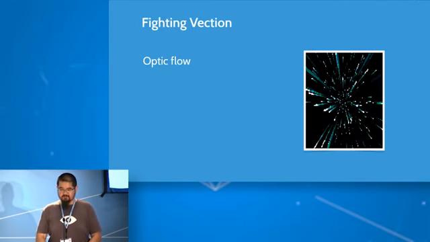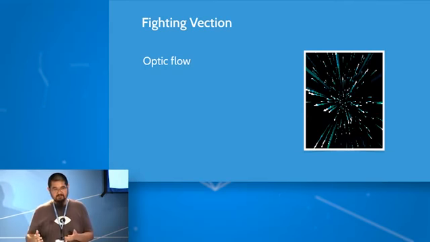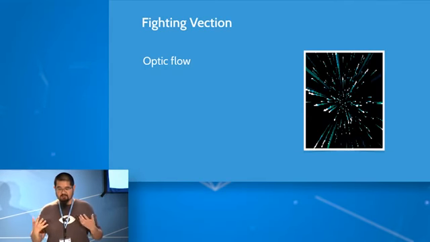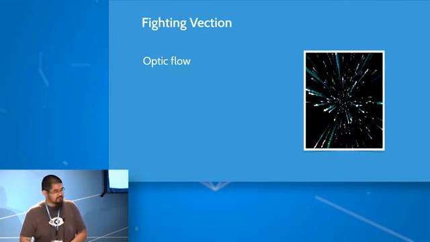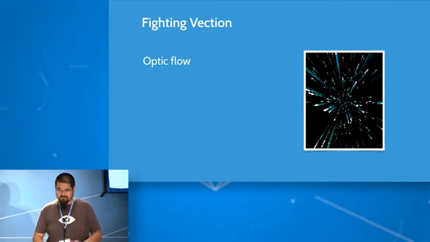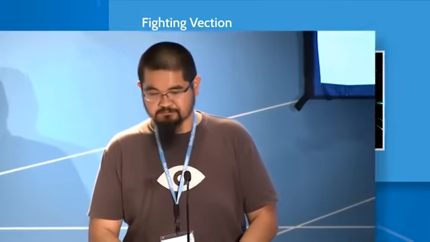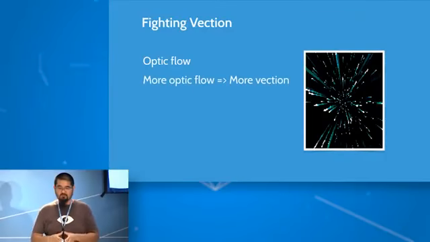Optic flow refers to any kind of coherent motion in your visual field that all signals together that you're moving through space somehow. This GIF I have here is suggesting that you're moving forward through space. But if the coherent motion were all moving to the left, that would suggest to my brain that I was moving to the right. Again, because of these bottom-up processes, the more optic flow information we provide the brain, the more evidence it has that you're moving, and the more vection you're going to experience as a result.